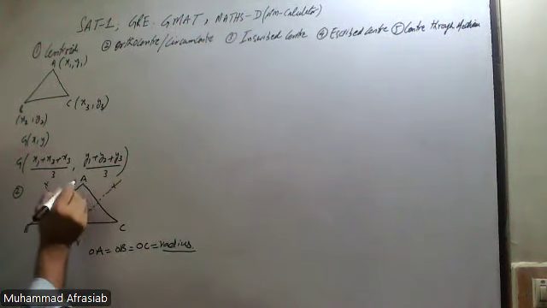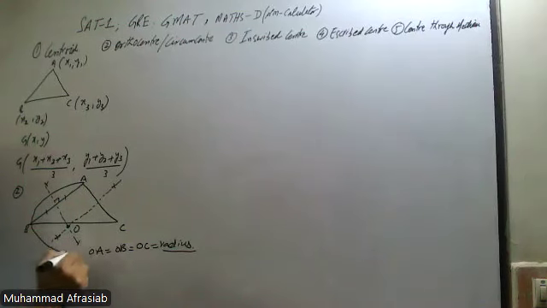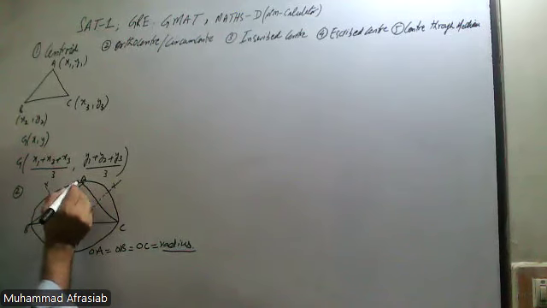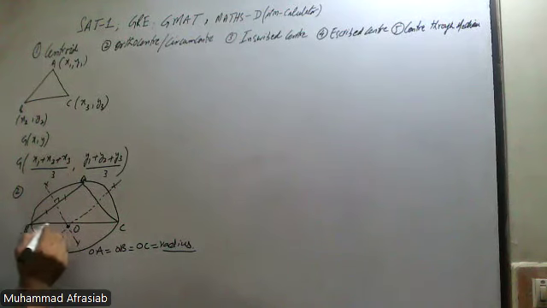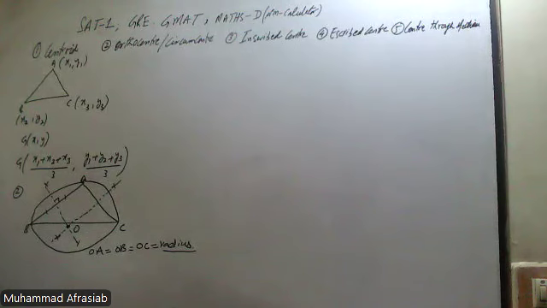So you draw with this compass opening and find that it will be a circle passing through A, B, C like this. So that is why it is called orthocenter or circumcenter. And this is the radius of the circle, O to B or O to A or O to C.